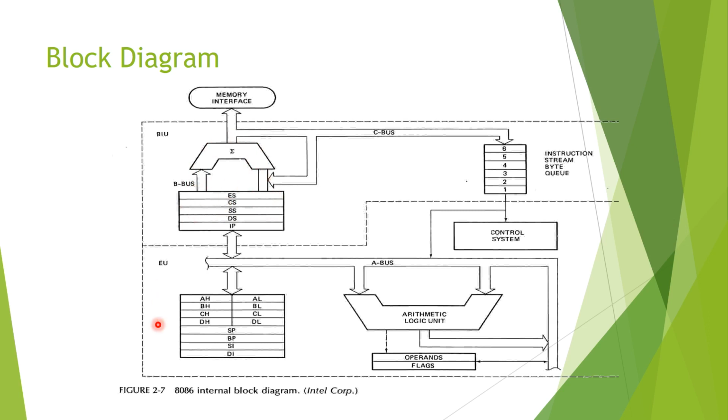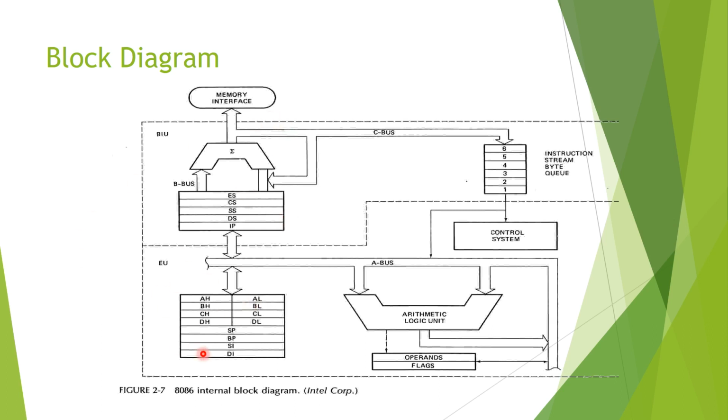As we know, all the registers used in 8086 microprocessor are 16-bit registers, but this adder will generate the address of 20-bit by inserting the zeros in the lower side of the segment register, then adding the offset to that address to generate the 20-bit address.